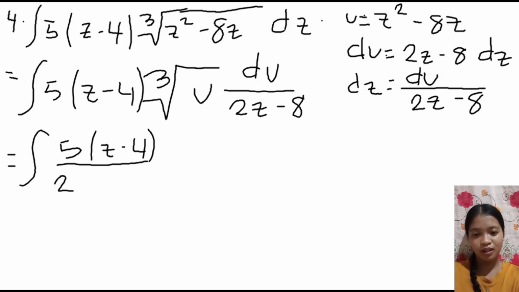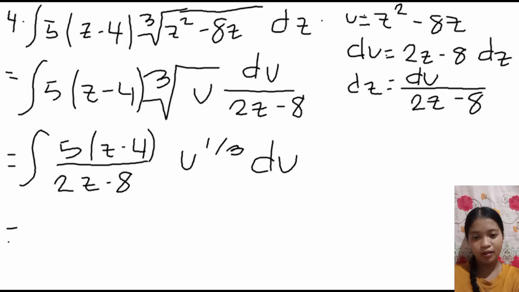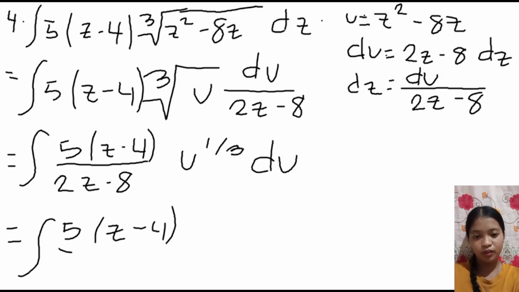So we transfer it to the 5 quantity of x minus 4, so it will be 5 quantity of x minus 4 over 2x minus 8. Then now we can also rewrite the cube root as u to the 1/3 then du.